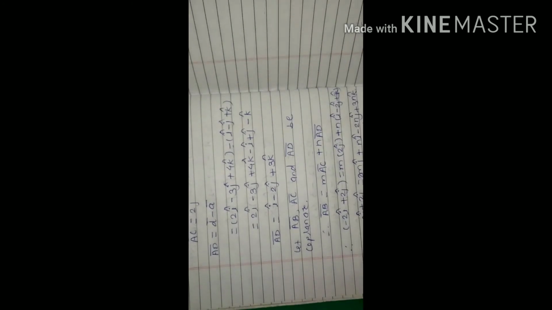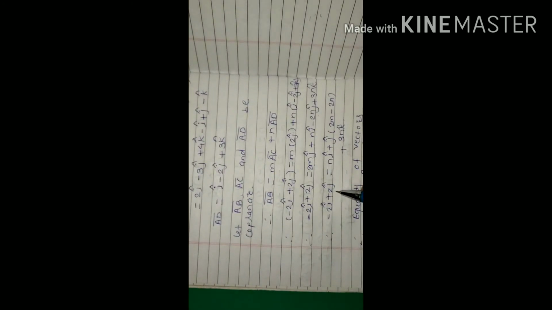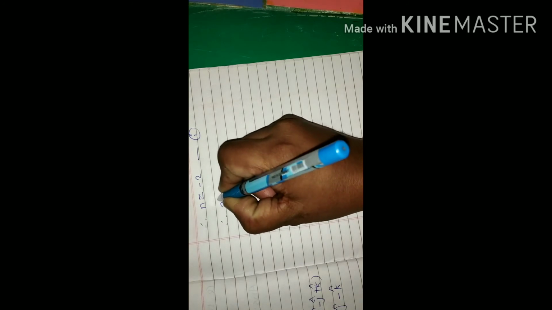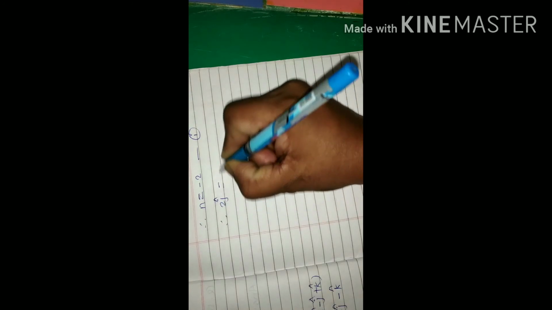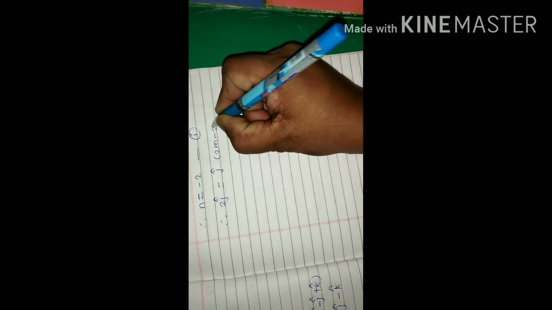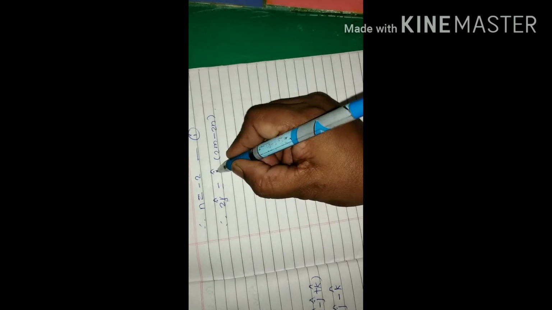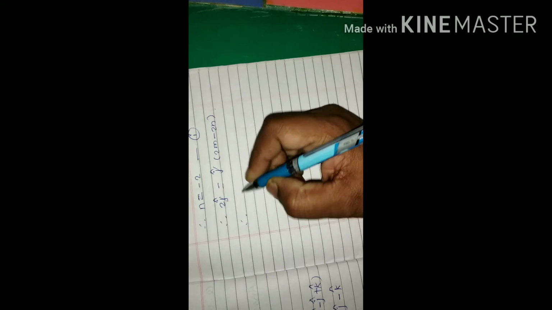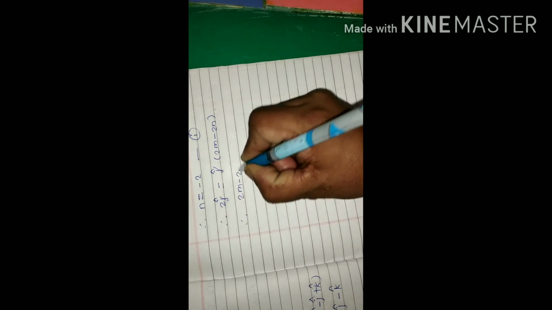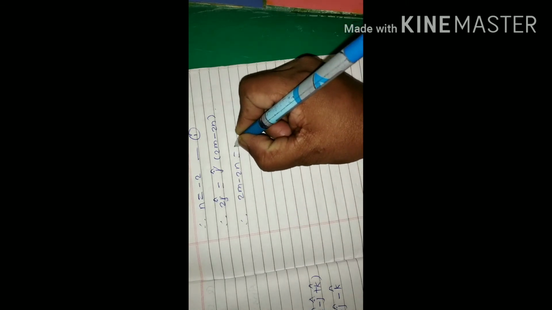Then the remaining term, that is the j term: 2j cap is equal to j cap into 2m minus 2n. j cap gets cancelled and we get 2m minus 2n is equal to 2.